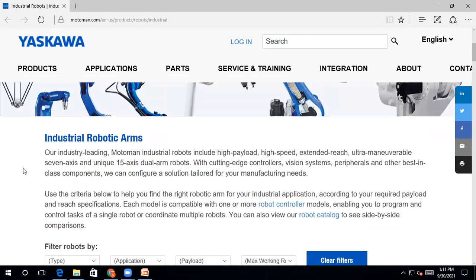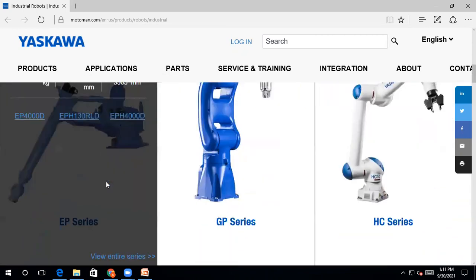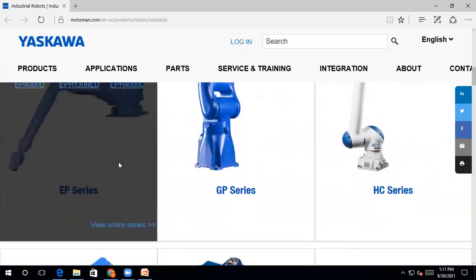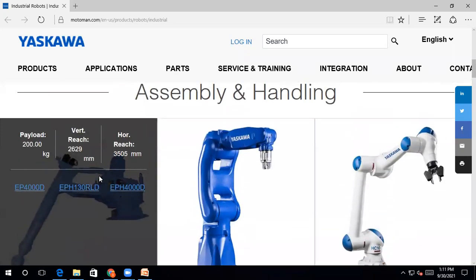Now we will see the specifications of these different robots. Now you just see this is known as the EP series. For the EP series, these three variants are there: EP4000D, EPH130RLD, EPH4000D. EP4000D: its payload is 200 kg, vertical reach 2614 mm, horizontal reach 3505 mm.